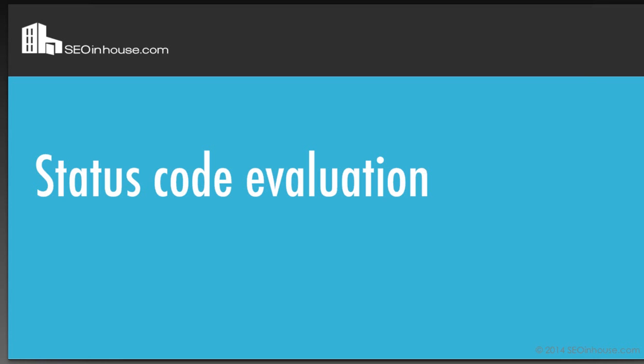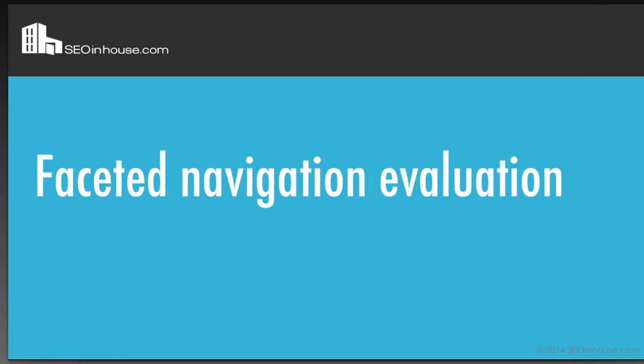Okay, so again, you want to make sure that you have some type of status code evaluation. The next would be faceted navigation evaluation. So faceted navigation is where, think about the e-commerce site, you go to Zappos.com or even Amazon.com, and on the left, they have the ability for you to search for color and price and brand and size and all of that.